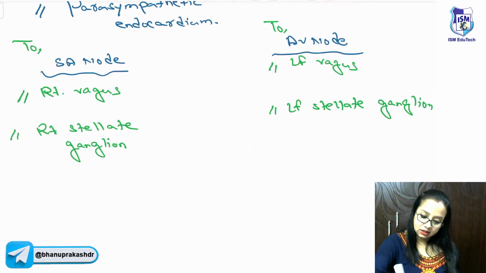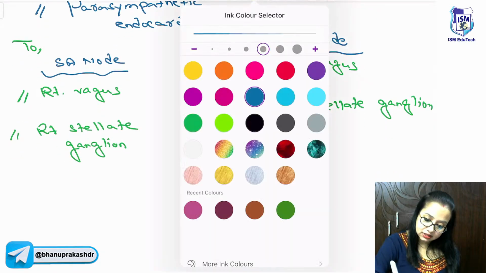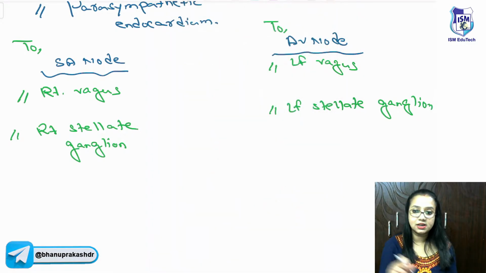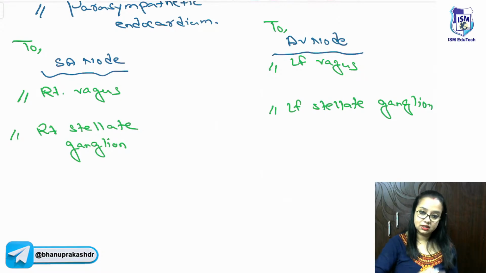Now, vagus has two-sided branches, one on the SA node, another on the AV node. The SA node receives the right-side innervation from the vagus.